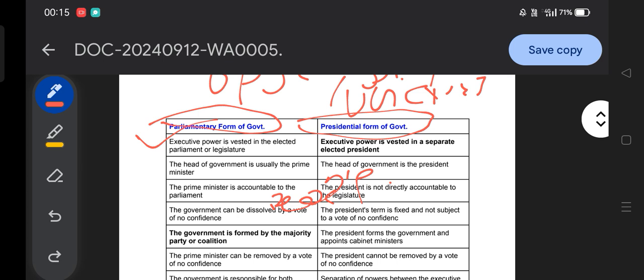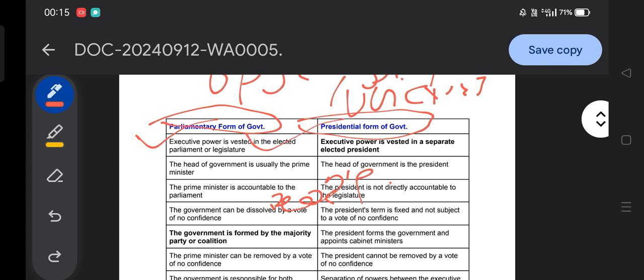Again, I am repeating, the legislature is a body of MPs at parliament and MLAs at the state legislative assembly, and out of that your executive is formed. So executive power is vested in the elected parliament or legislatures.